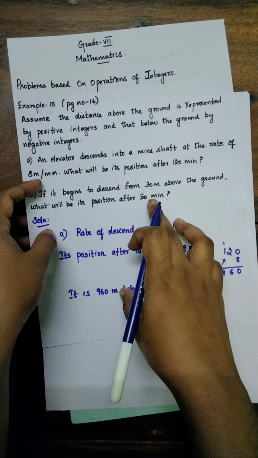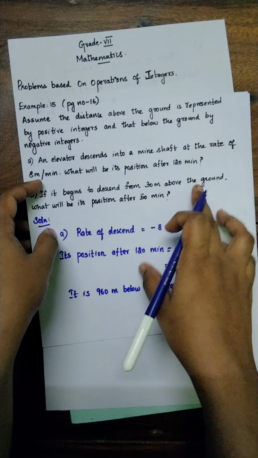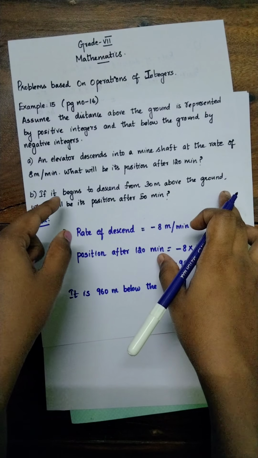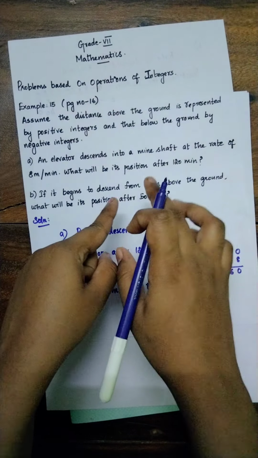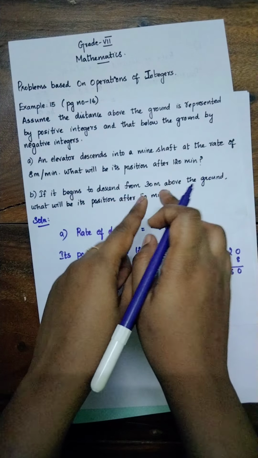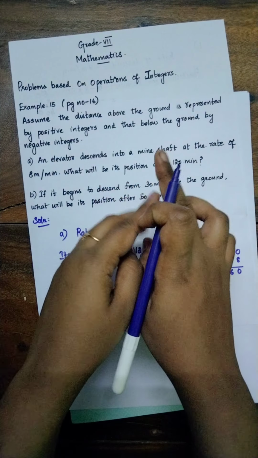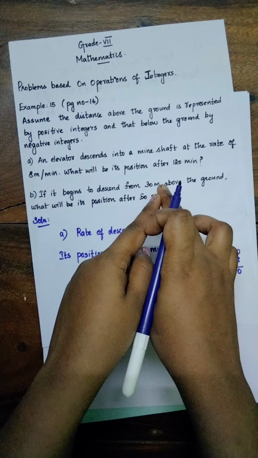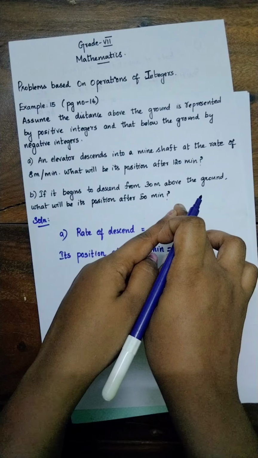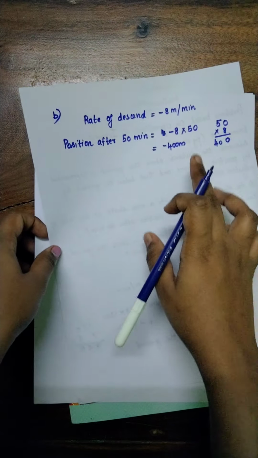It started from 30 meter above the ground, right? So we are going to add this 30 to the answer, because it is starting from 30 meter above the ground.